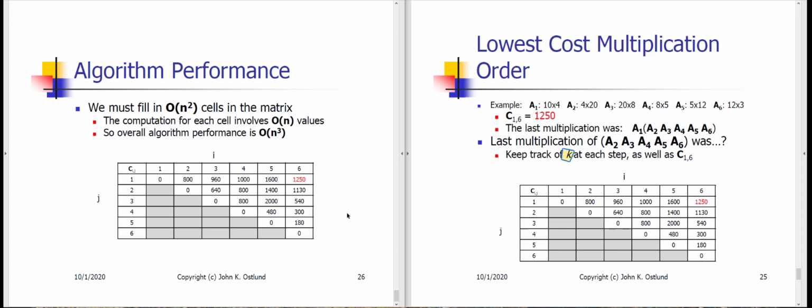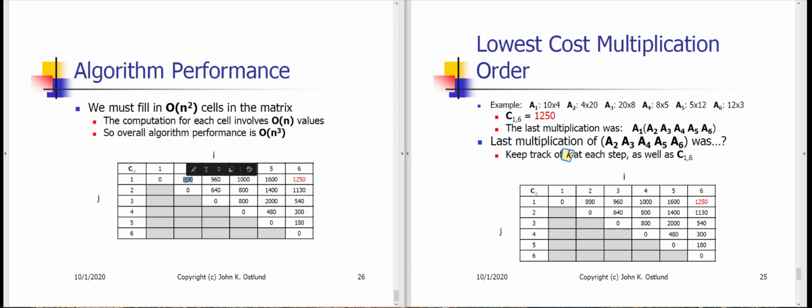Is that it? Is it just order n squared? Well, no, unfortunately not, because for each cell that we fill in, there are up to that many values involved that we have to compute, right? So for CII, there was only one value, we just got the value of 0.